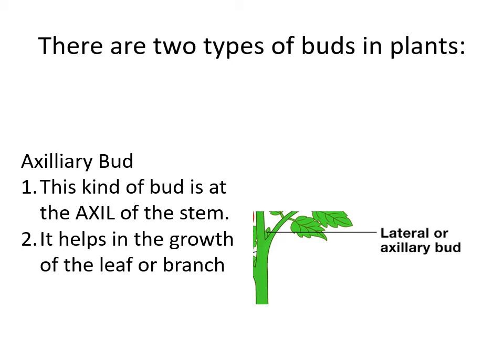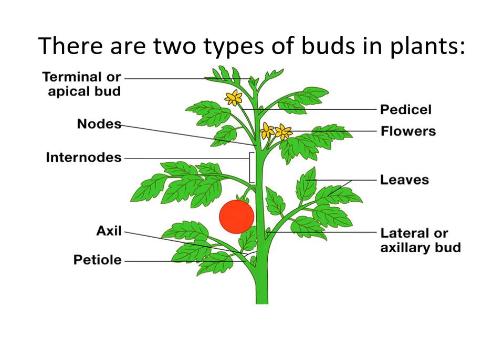I repeat, the lateral or axillary bud is a kind of bud at the axil of the stem, and it helps in the growth of a leaf or a branch.